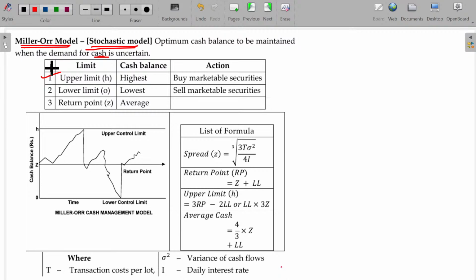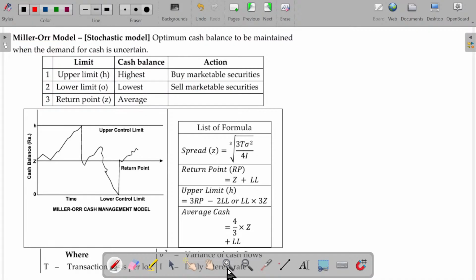If it touches the lower limit, immediately sell the securities you have or arrange for the cash requirement. When it touches the upper limit, buy marketable securities. If it touches the lower limit, sell marketable securities, and return point. Return point is the average.